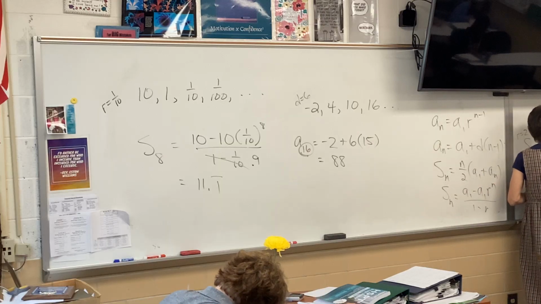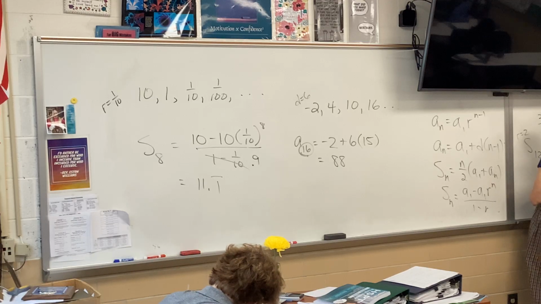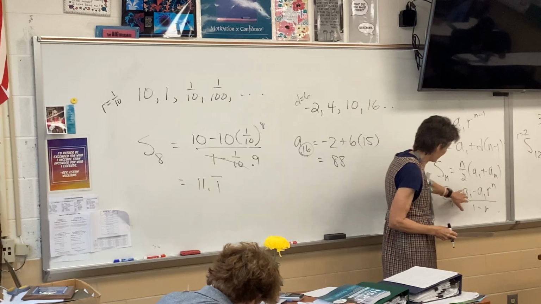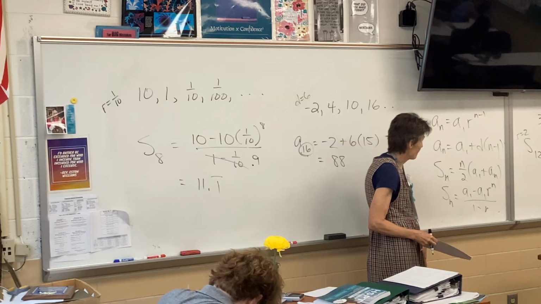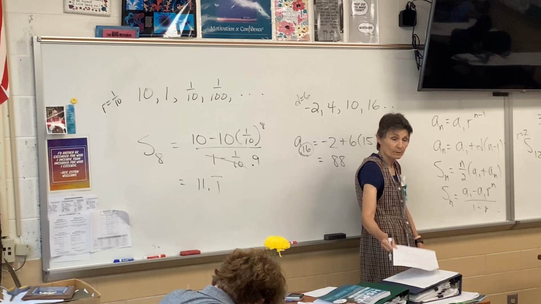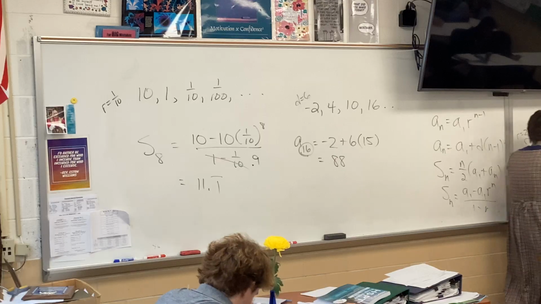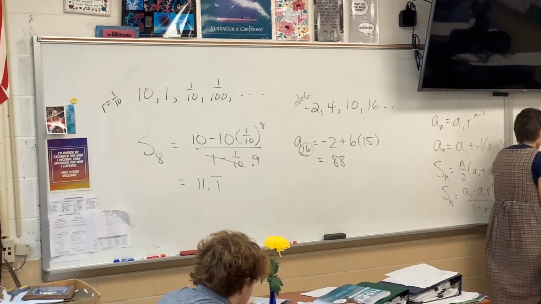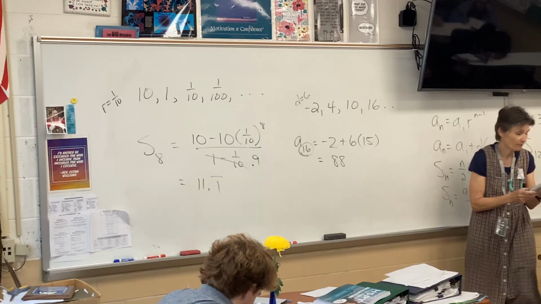So 3 minus 3 times 2 to the 12th over 1 minus 2. So just plugging my first term and my ratio into my formula. Everybody okay with that? So I'm going to go ahead and make my bottom -1, and then here we go. I got 12,285.